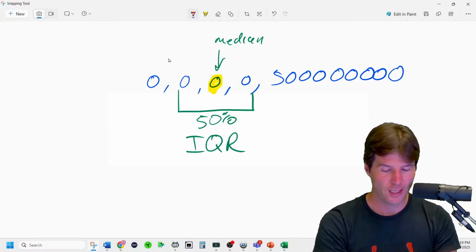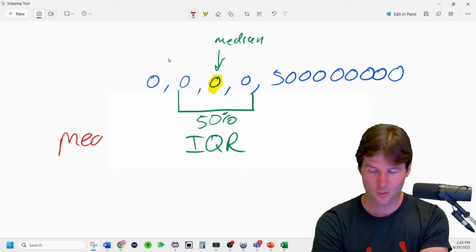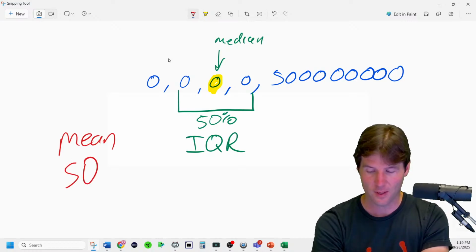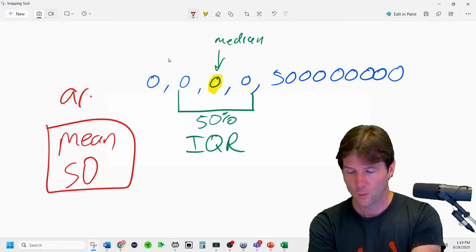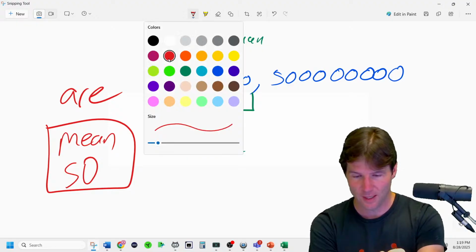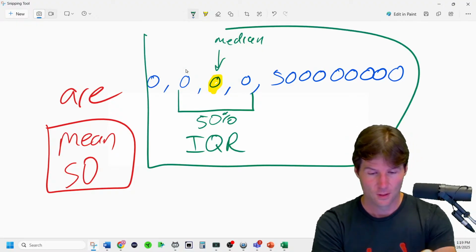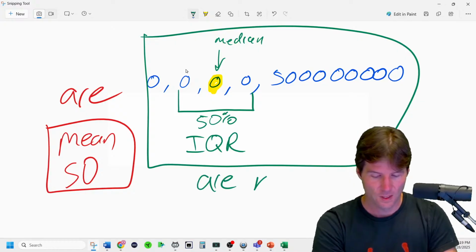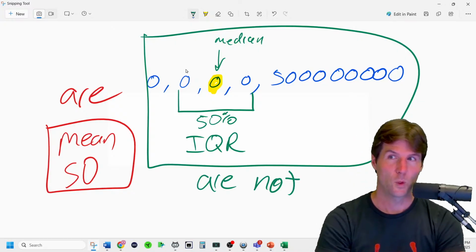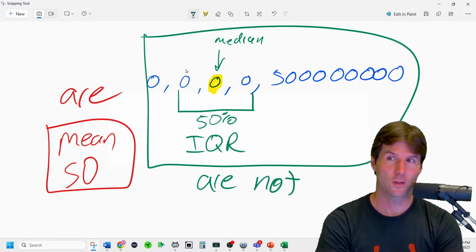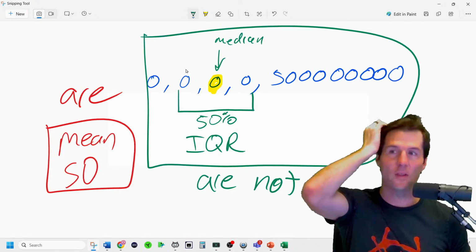But what are impacted by outliers? What 2 concepts I'm writing on the screen right now are impacted by outliers? Because one of them is derived from the other. The mean and the standard deviation.